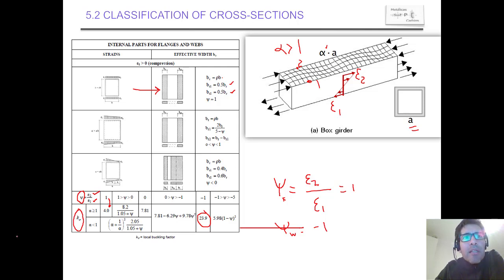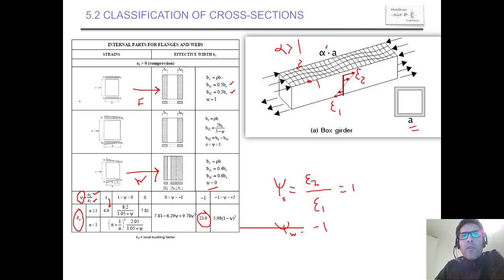That will be a little bit different because now we are in this case. This case is for the flange, and this case is for the web, because psi is -1.